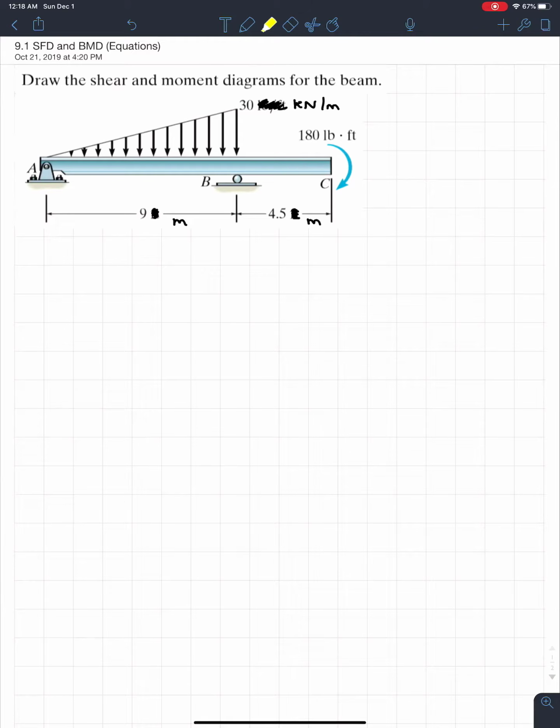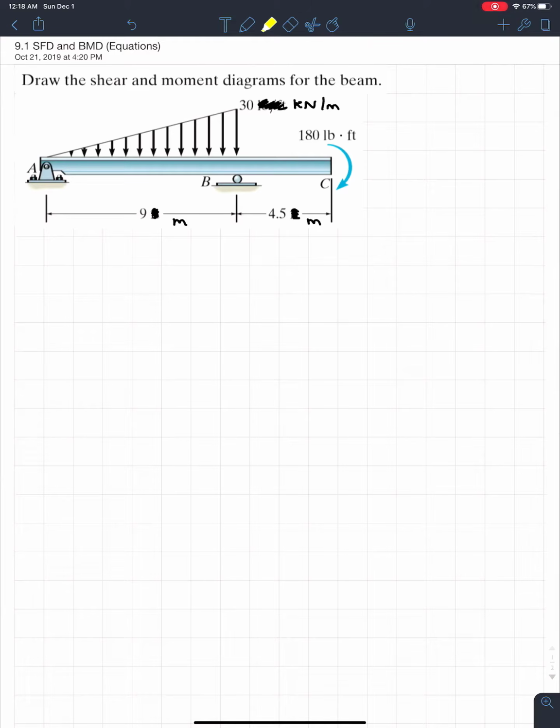This is the more professional way of solving them, I guess, not the quick and easy way that students always love. As you will see, this is kind of a pain in the butt, but we'll get through it, and hopefully you'll see how we can solve for the shear force diagram and bending moment diagram by cutting the beam and determining equations. So with that being said, let's begin.